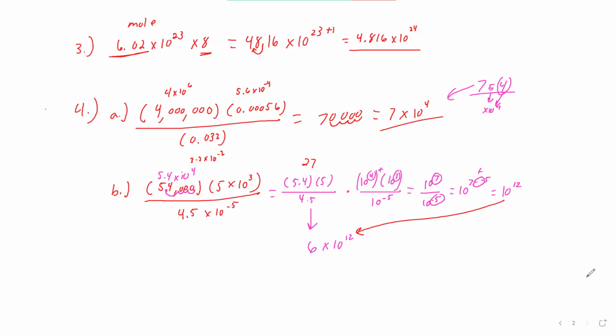Okay. Last problem on this section, and this is number 5. It's another word problem. It says if light travels at 3 times 10 to the 8th power meters per second. So this is meters per second. How many meters does light travel in 1 day? So I basically want to convert this to meters per day.